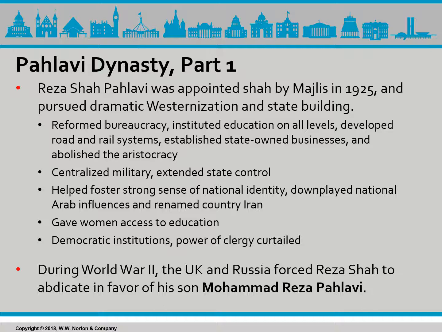He banned them in 1934. He saw them as backwards and repressive. And of course, what is not said in this slide is that political dissent was silenced and opponents were persecuted. Okay, so it wasn't all sunshine and rainbows with the Pahlavis.